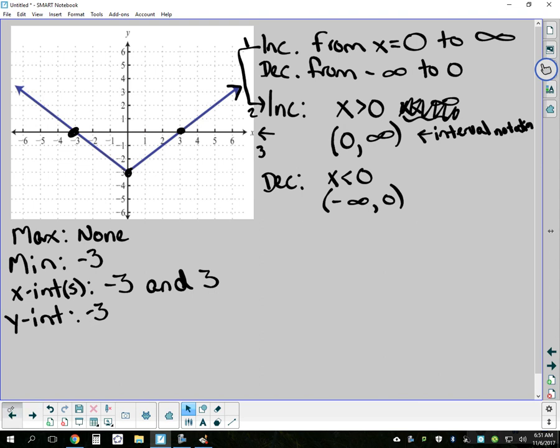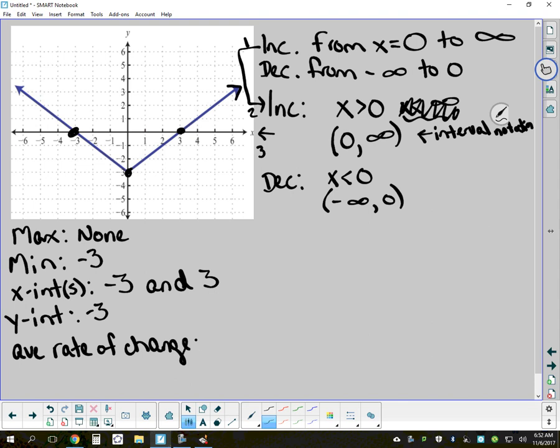Okay, and then the last thing to talk about is the average rate of change. The average rate of change can only be found if you specify two points. So let's go right here, from (0, -3) to (3, 0).